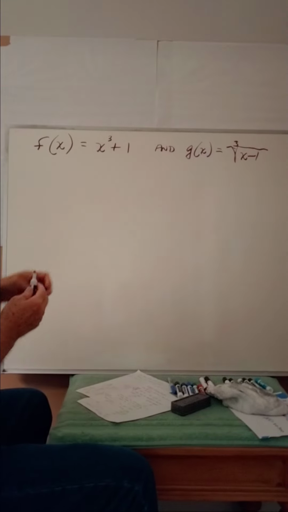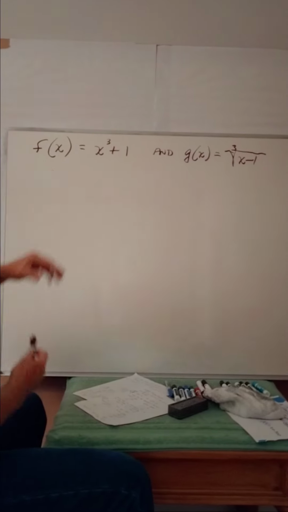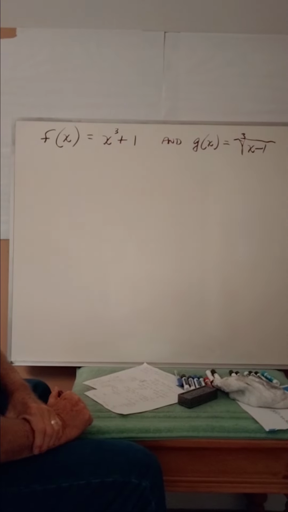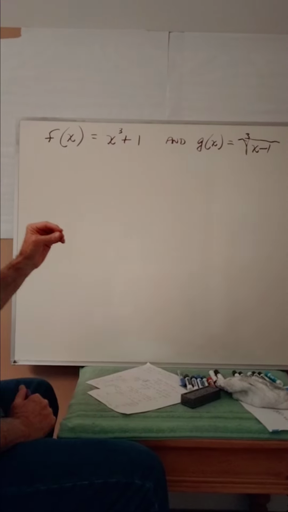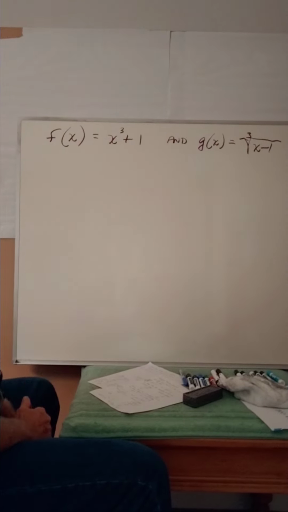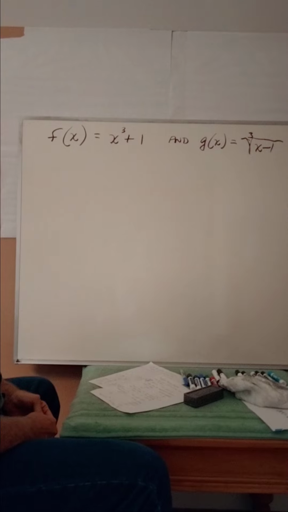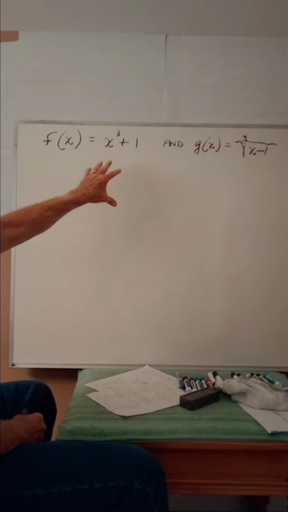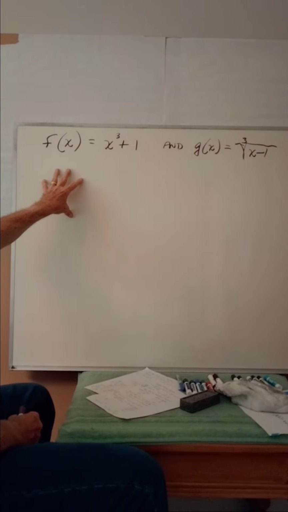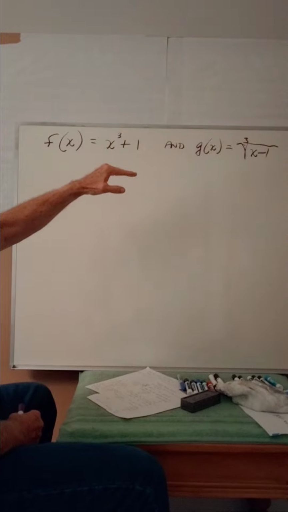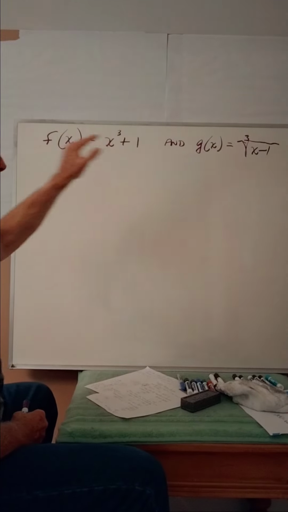Now, part of your assignment in 9.2 is you're going to be given a couple of functions, and you are going to be asked to determine if these two functions are inverse functions of one another. So to determine if they're inverse, we need to find the composition of f with g, and then g with f.